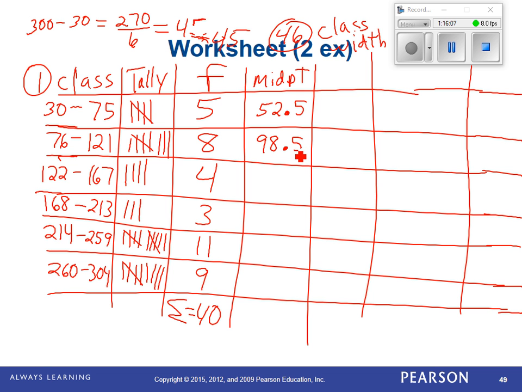Then add another 46, 144.5. Another 46, 190.5. Another 46, 236.5. And another 46, 282.5.